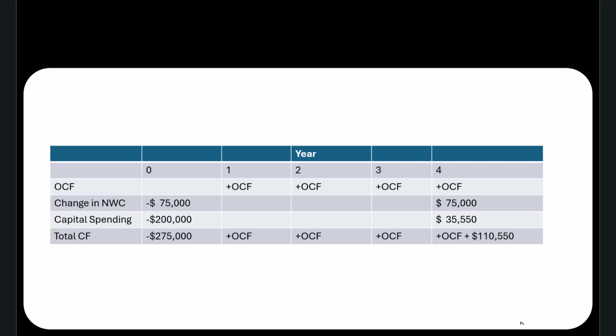The accounts payable are paid off, the accounts receivable, you've been paid for, the inventory has been used and sold, etc. Capital spending is $200,000 in year 0, and you're selling the piece of equipment and receiving $35,550 after taxes. So you have these operating cash flows for 4 years, plus in year 4 you get the $75,000 plus the $35,550, or another $110,550.